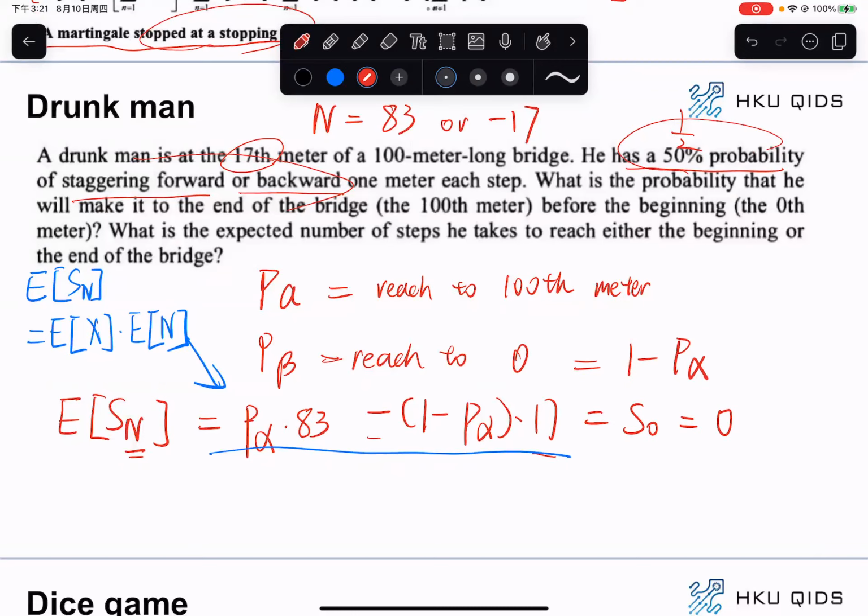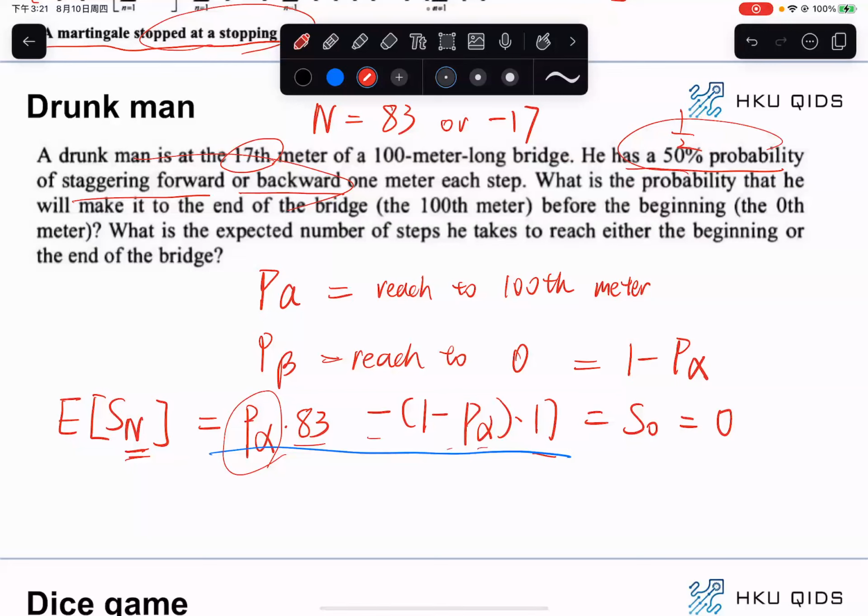On the other hand, it is just a simple calculation of Sn, because at the stopping time, it can either have probability alpha to be 83 or 1 minus probability alpha to be -17. This expected value of Sn basically is the length.